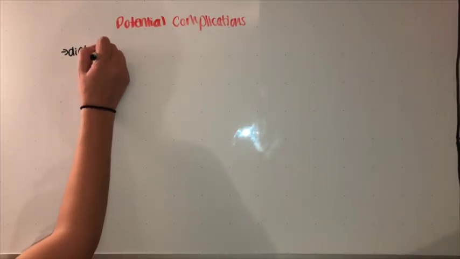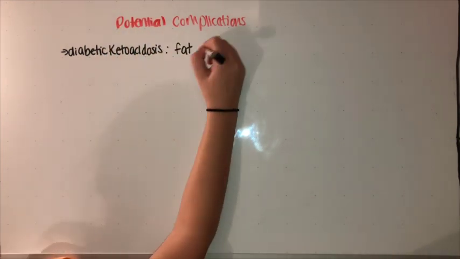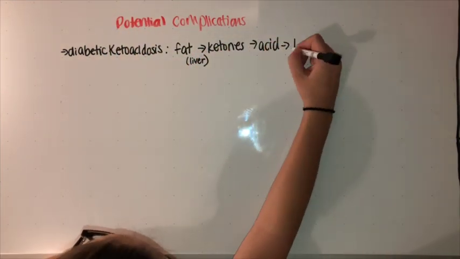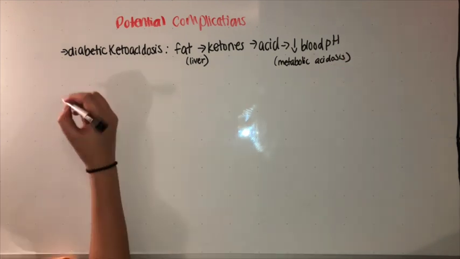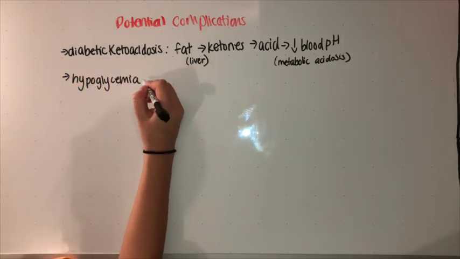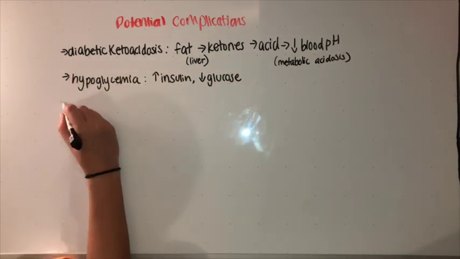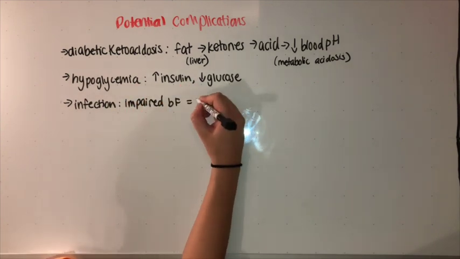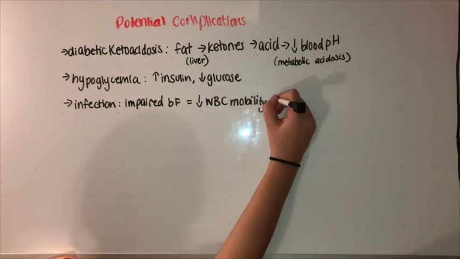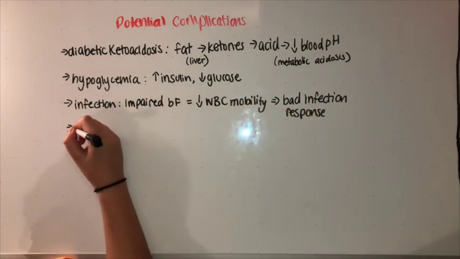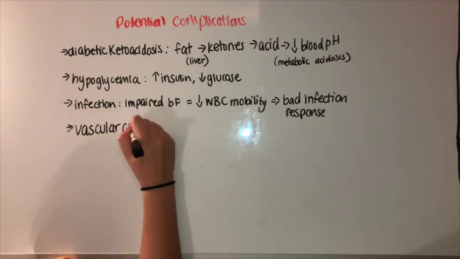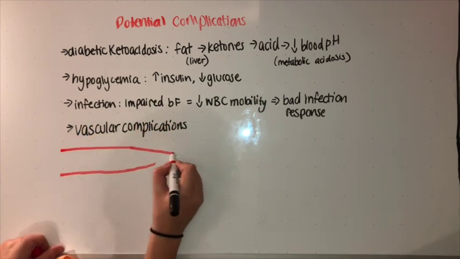So some potential complications include diabetic ketoacidosis, where basically your blood becomes acidic and you go into metabolic acidosis. You can have hypoglycemia where your insulin and glucose are imbalanced, infection because your white blood cells can't mobilize, so there's not a good response to infection.